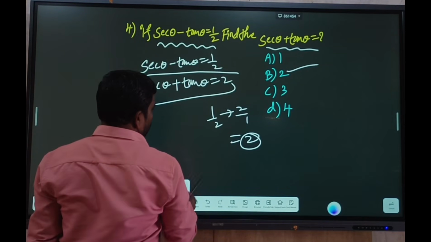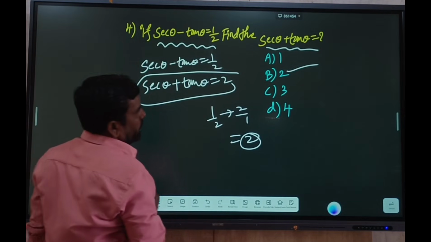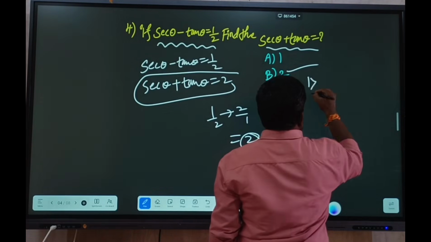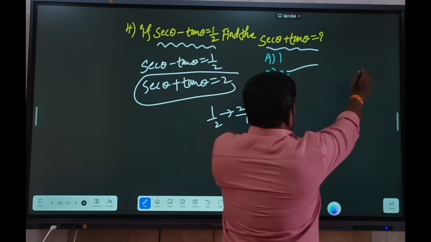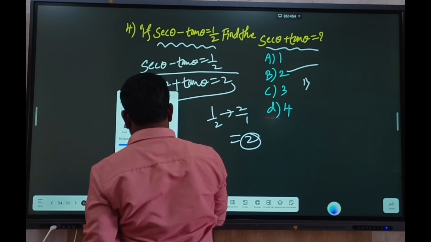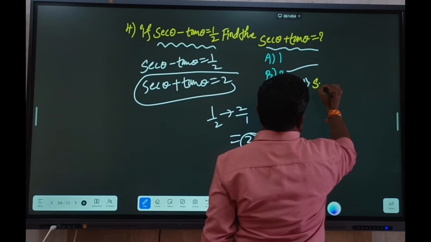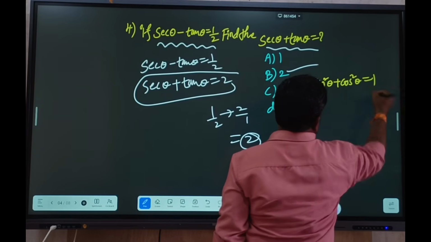Sir, how here using this method? Look here. Now I am taking the 3 trigonometry identities. What are the 3 trigonometry identities? The first one, sin square theta plus cos square theta is equal to 1.